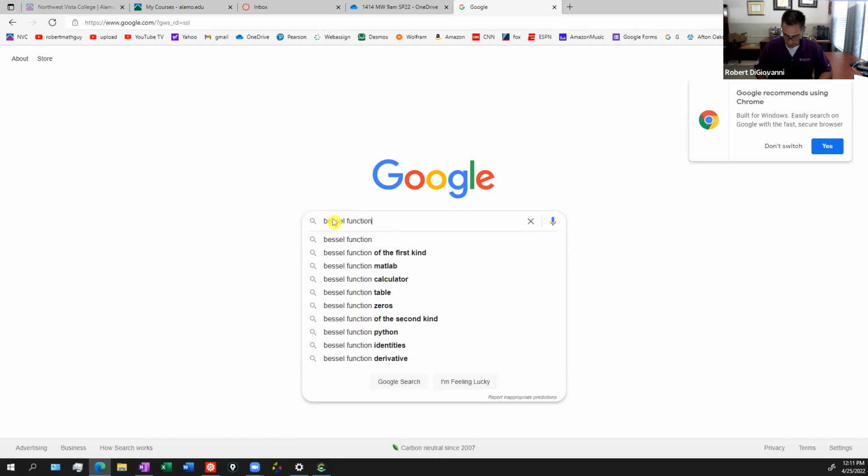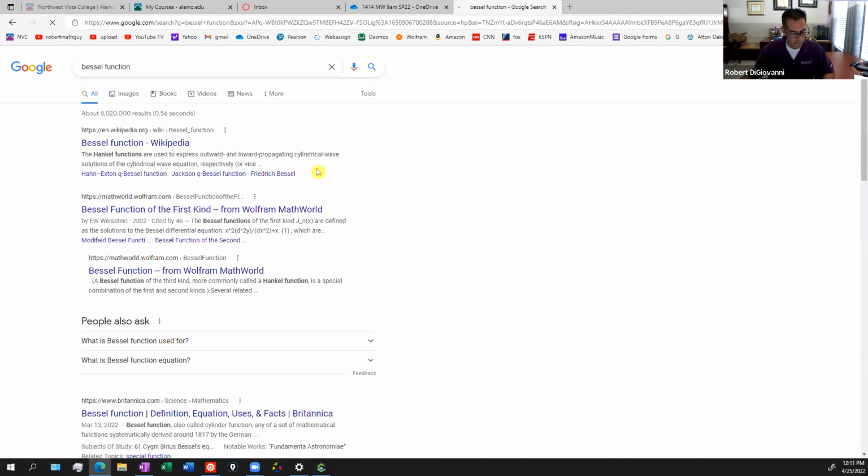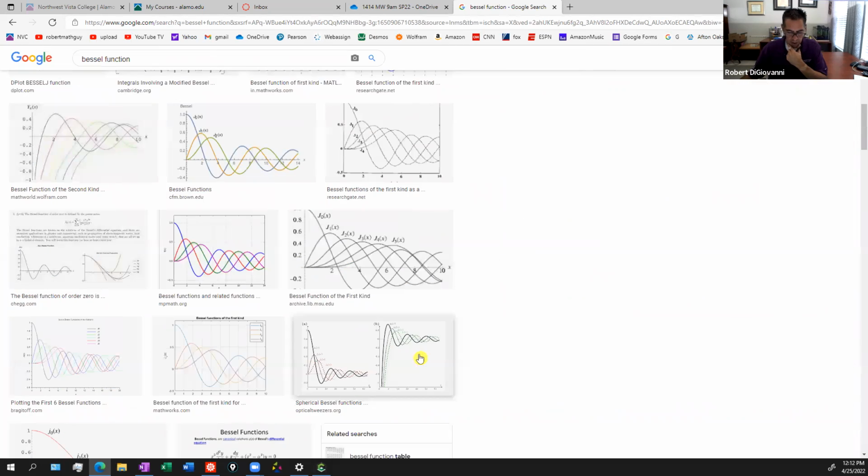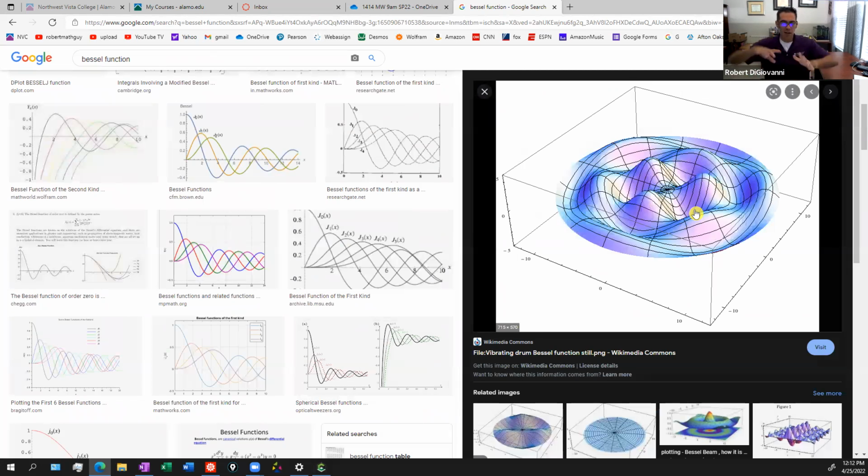Yeah, let's see what kind of images we can get here. So there's two-dimensional. These are what the two-dimensional Bessel functions look like. I was looking for the three. Oh, here we go. That's like vibrations on a surface.